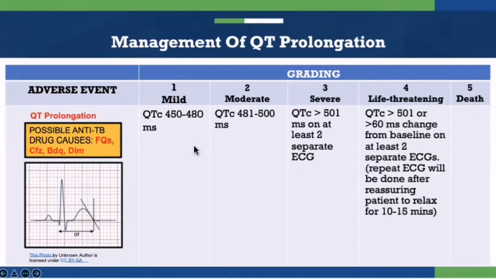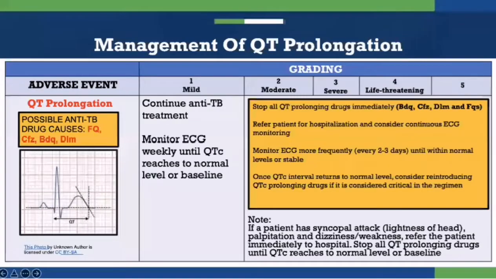The possible drugs that may cause prolongation of QT are fluoroquinolones, clofazimine, bedaquiline, and delamanid. Now, you can investigate for other causes of QTc prolongation, such as concomitant medications, hypothyroidism, electrolyte imbalance, hypoglycemia, cardiac diseases such as history of syncopal episodes, arrhythmia, or severe coronary artery disease.